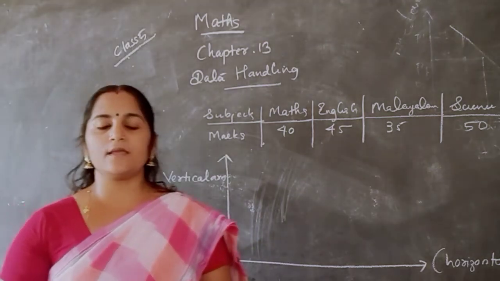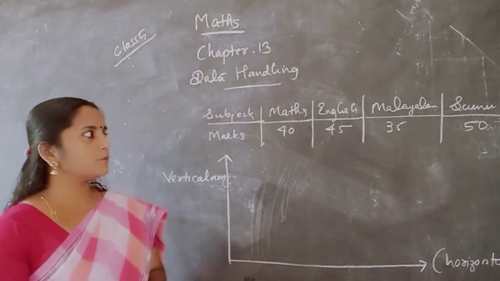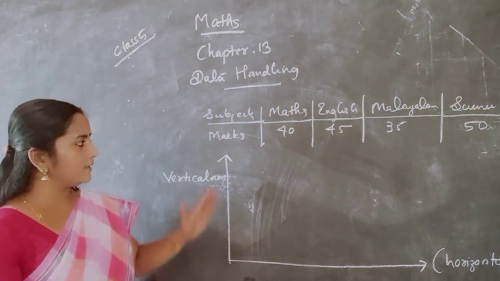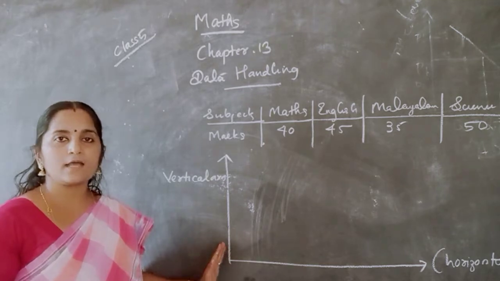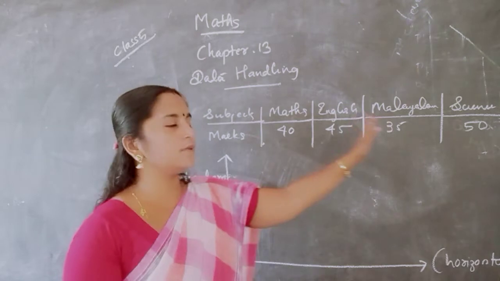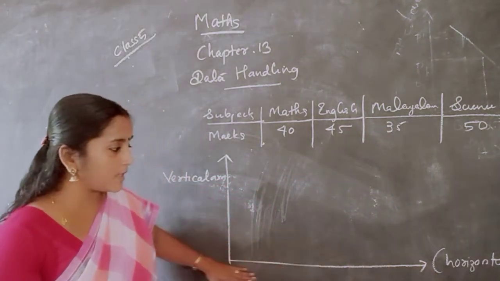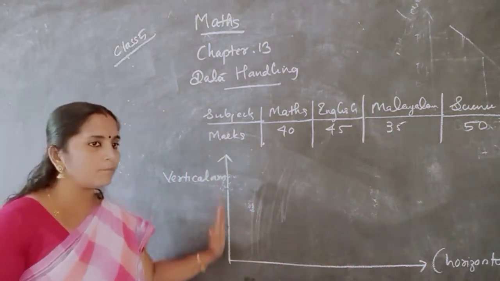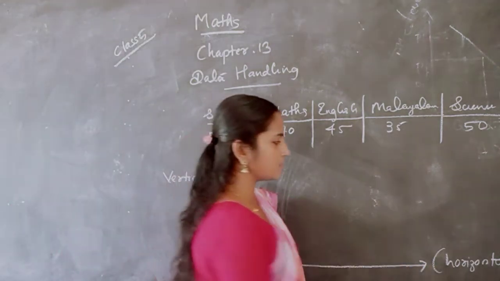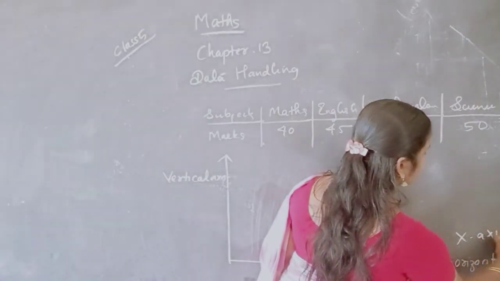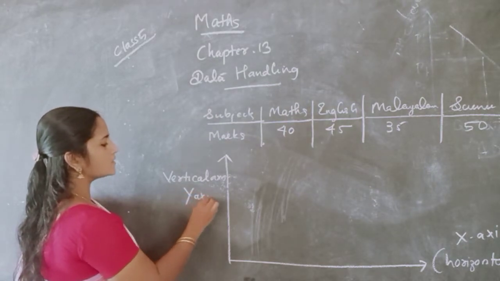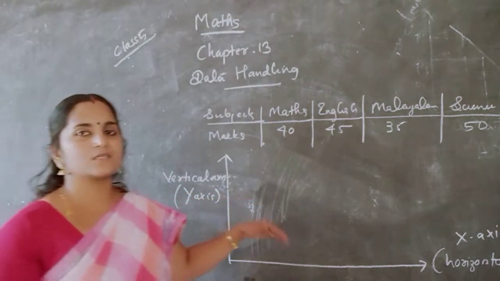So you choose a suitable scale to mark all these numbers. Every time we mark the names along the horizontal axis and the marks along the vertical axis. The horizontal axis is also called the x-axis and the vertical axis is also called the y-axis, which we discussed in the higher class.